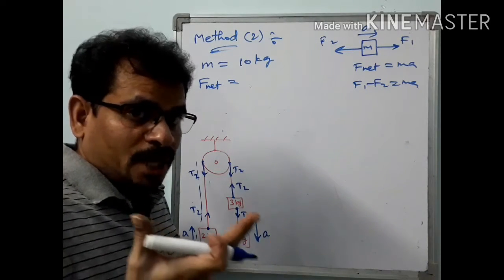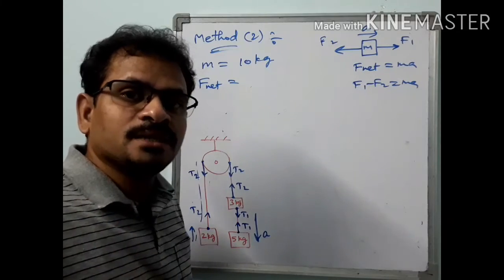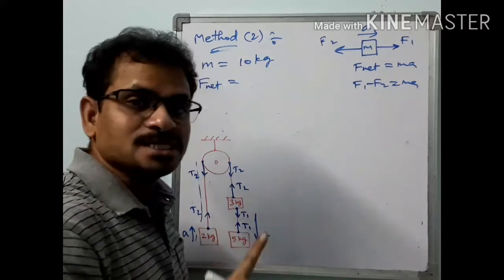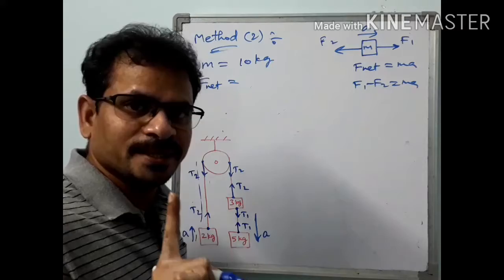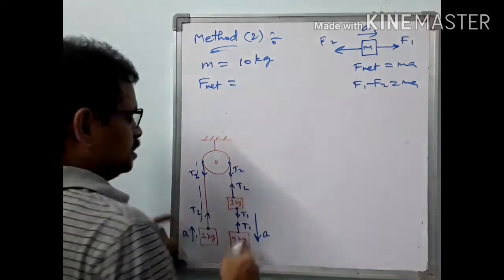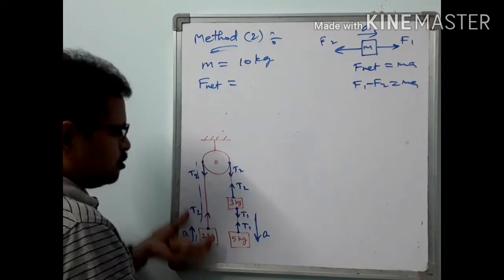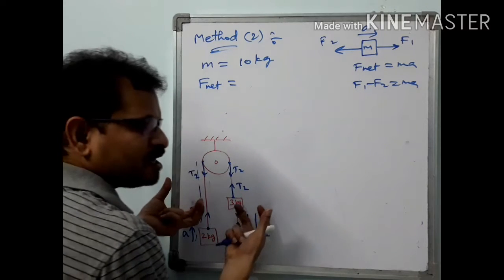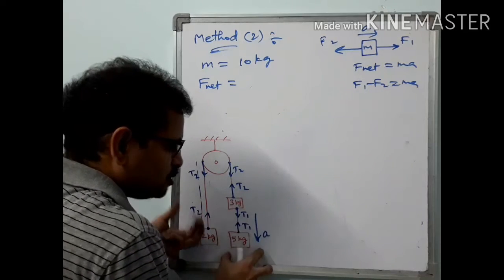So we have to consider the external forces. What is the only external force here in this case? That is the gravitational force. So what is the net pulling force? Here these two blocks are coming down and this block is going up, and the gravitational force is successfully pulling these blocks downwards and this is going up.